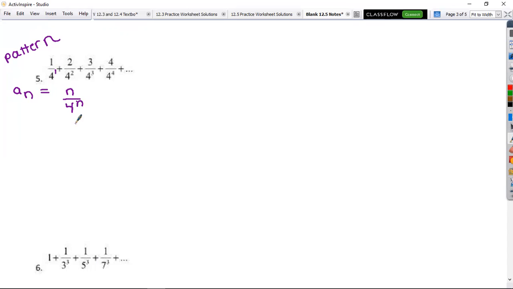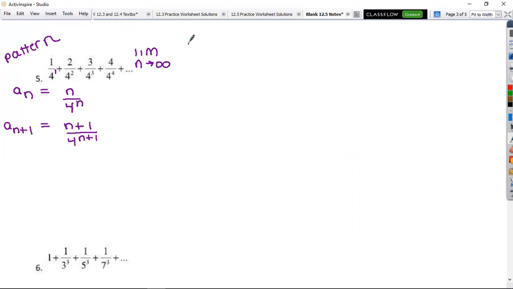Now what you're going to do is find a consecutive term here. So you're going to find the formula for a sub n plus 1. So this is equal to n plus 1, and then divided by 4 to the n plus 1. Next, what you're going to do is the limit. So my formula, the limit as n approaches infinity.